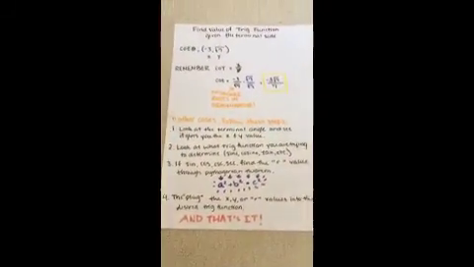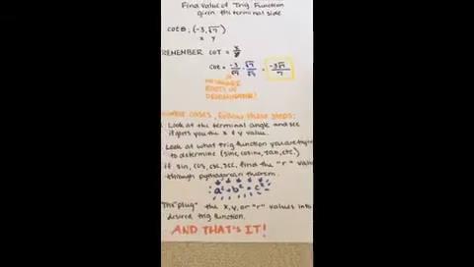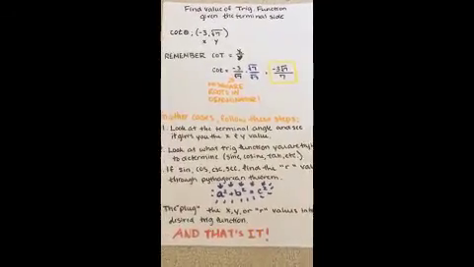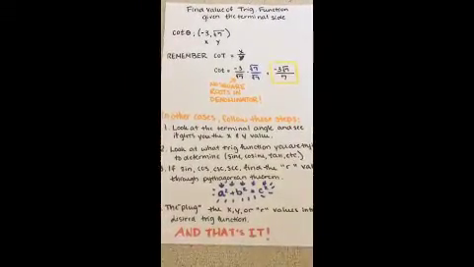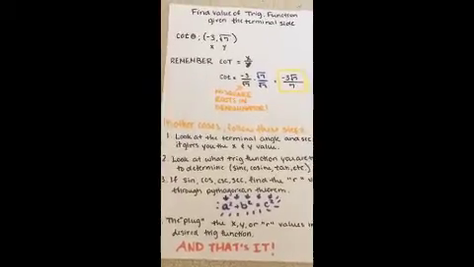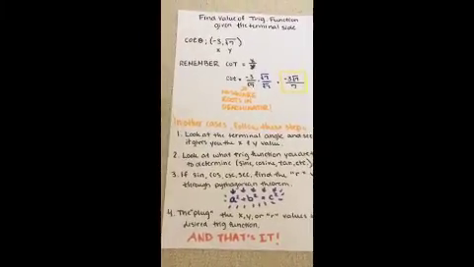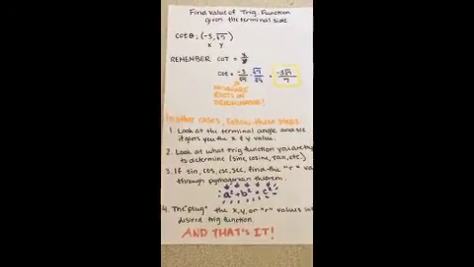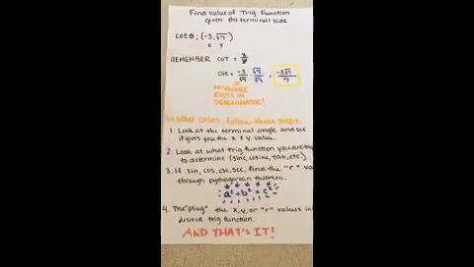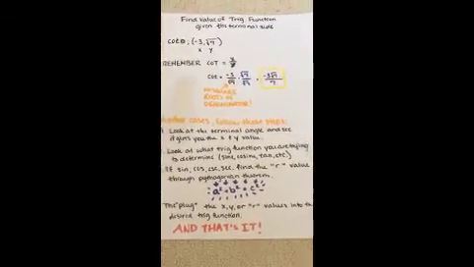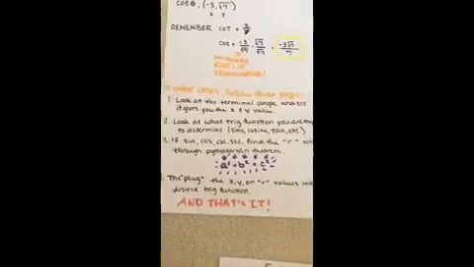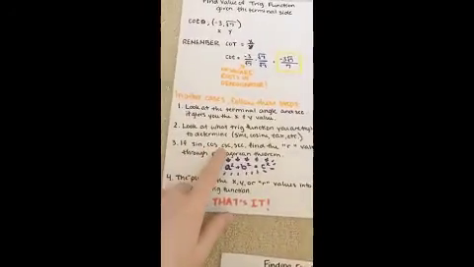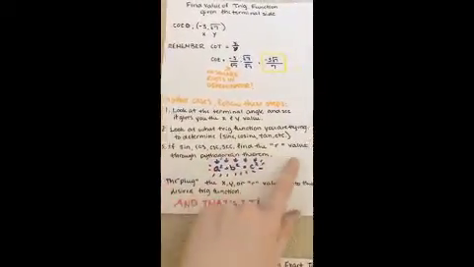In other cases that aren't cotangent or tangent, where you would also need to find the r value, here are some steps. You have to look at the terminal angle and see what it gives you for the x and y value. Then look at the trig function which you're trying to determine, whether it be cosine, sine, tangent, secant, etc. And then if it's sine, cosine, cosecant, or secant, you need to find the r value.